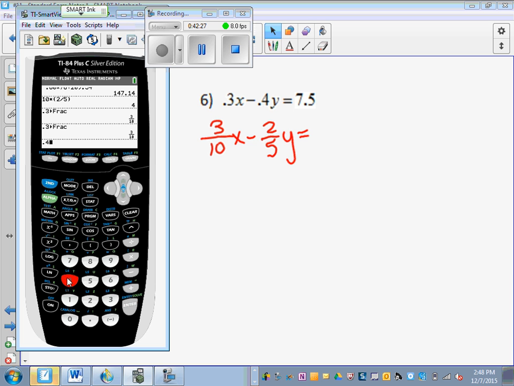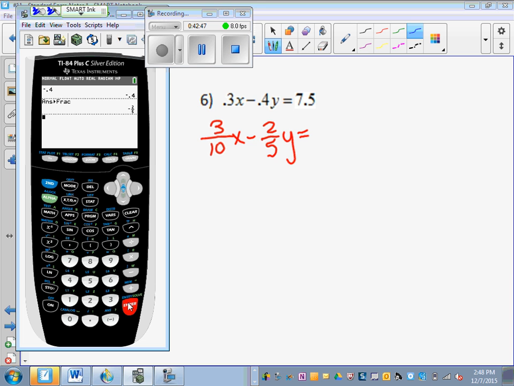You can put in negative 0.4 and change it to a fraction: negative 2 fifths. Okay, what was 7.5? 15 over 2.